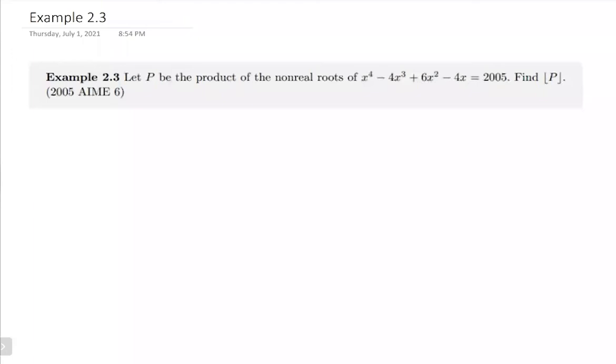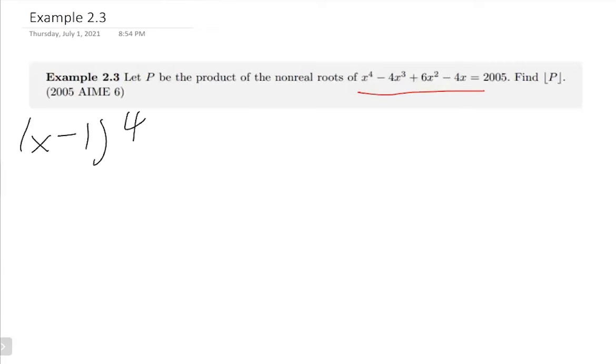So let's suppose you don't know the expansion of x minus 1 to the fourth. Now, experienced people with competition math will instantly recognize that the expression on the left-hand side looks really similar to the expansion of x minus 1 to the fourth.